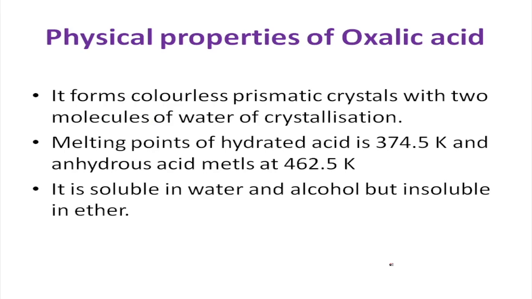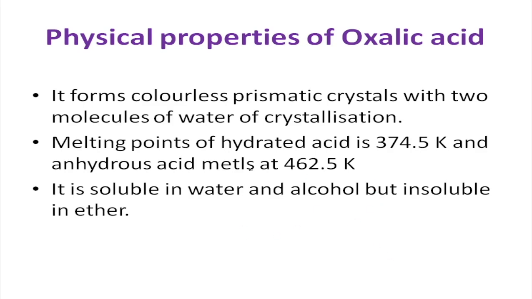Physical properties of oxalic acid. Oxalic acid has a crystal structure with 2 molecules of water of crystallization. The melting point of the hydrated acid is 374.5 Kelvin, and the anhydrous acid melts at 462.5 Kelvin.